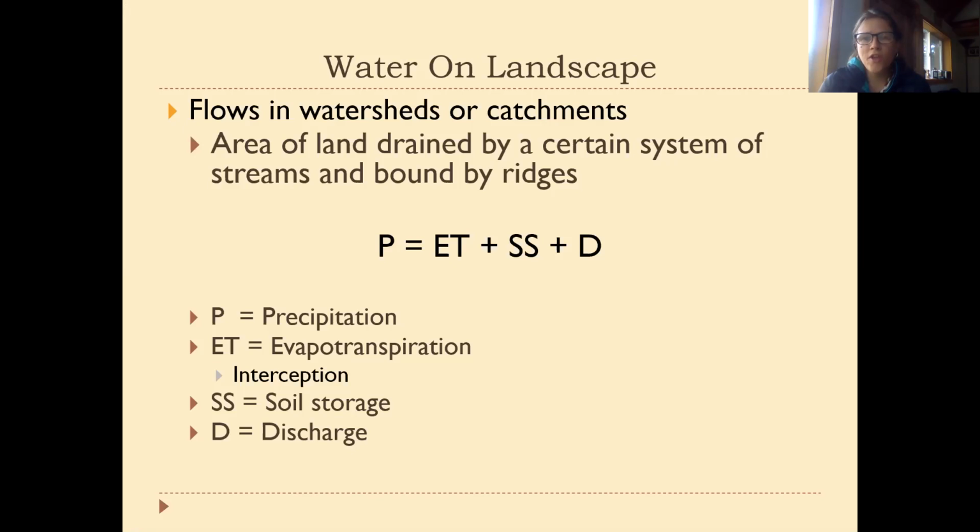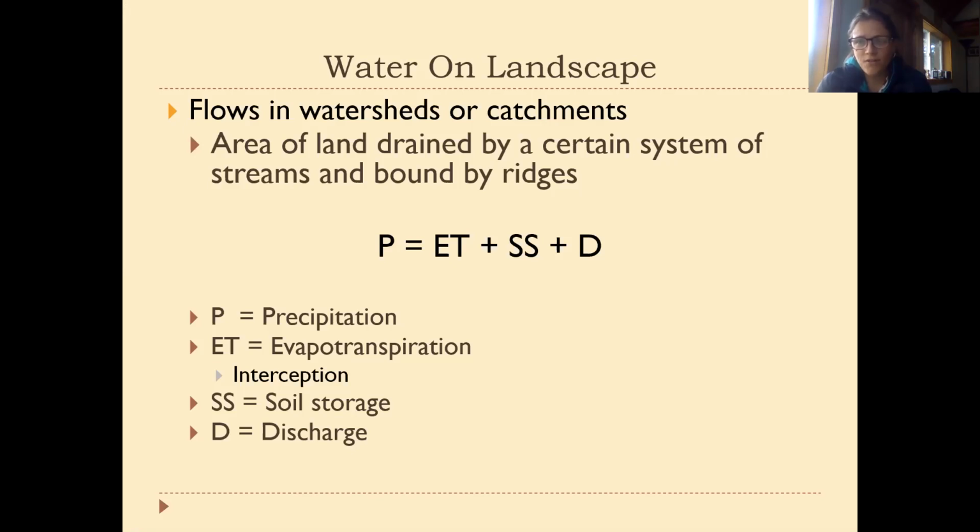And then if we want to think about the fate of water that enters a certain watershed, and again, that might be a small watershed or a big watershed, we can think of P, the first part of our equation here, as the incoming water. So water normally comes into a watershed from the sky.